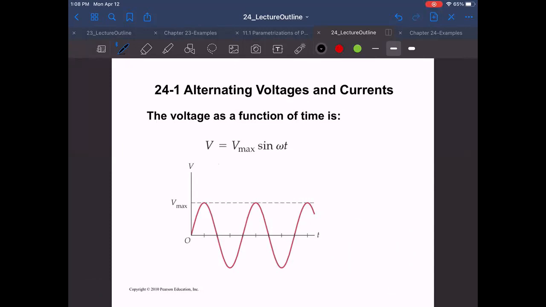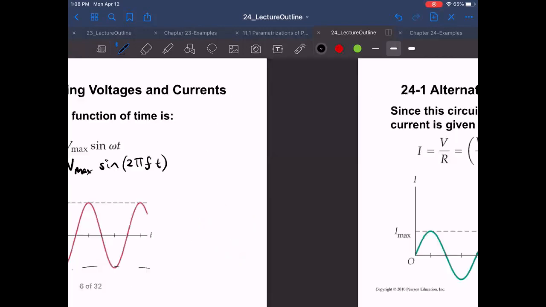You could also write this as V equals V max, which is your amplitude, times sine of 2 pi f t, so it's based on the frequency. This is V max, and down here would be negative V max. It's going to alternate between those, as the amplitude is right out in front of your sine function.